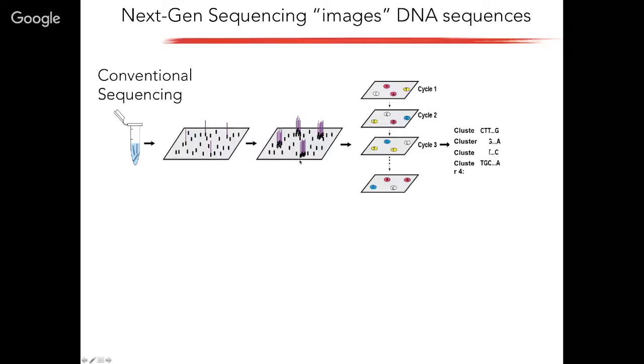And so to build up the sequence of DNA associated with each one of those single molecules really is a matter of taking a bunch of pictures and aligning those pictures properly. The number of dots per picture represents the number of molecules that you're sequencing, and the number of cycles tells you the length of the DNA that you're able to get.